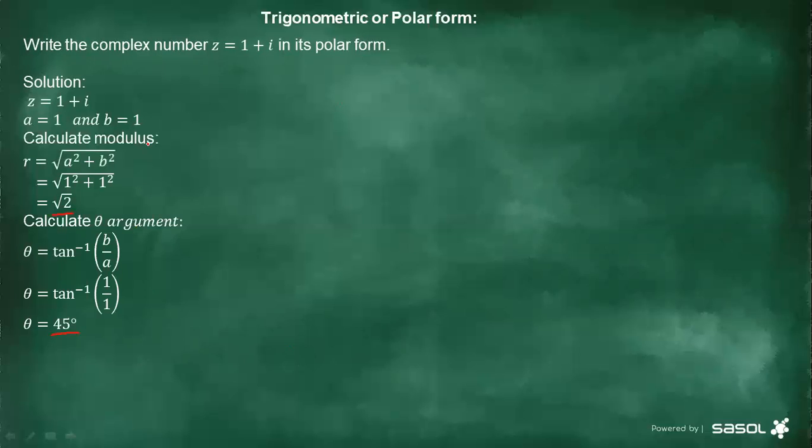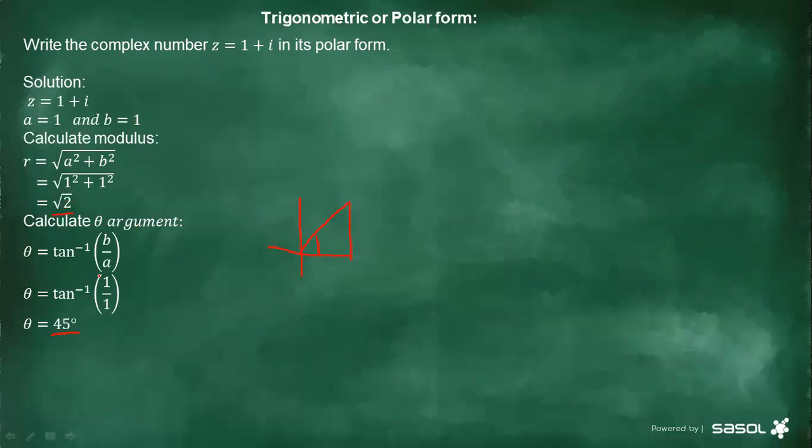But we remember this one we did earlier on, where we have seen that the terminal arm is going to be in the first quadrant, because a is positive and b is positive, so they are all positive in this quadrant, and hence the angle is 45 degrees. And then we did not add or subtract anything.